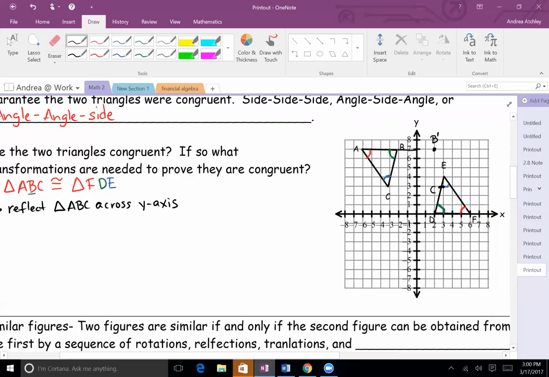Then A would be 1, 2, 3, 4, 5, 6 away. And this will be A. And these are all prime. I'll draw it in, like so.